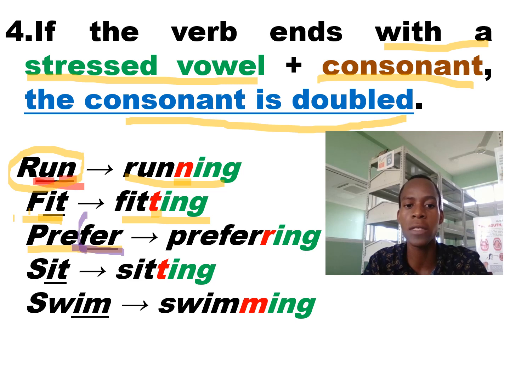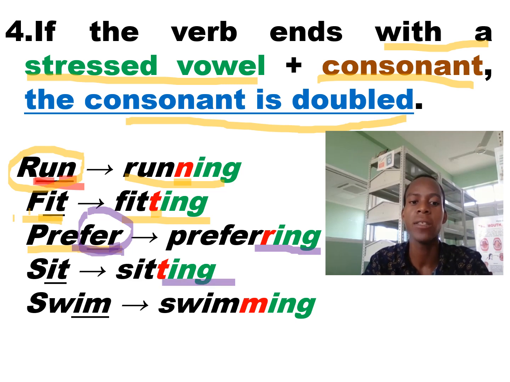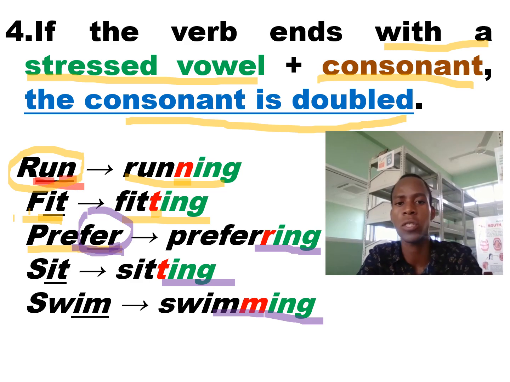Therefore, this is the stressed part of the word. So we are going to double the R sound to form preferring, with the addition of ing. Sit, sitting. Swim, swimming. So we add another M with the ing to form swimming. That is what we do with the stressed vowel and consonant at the end of the word.